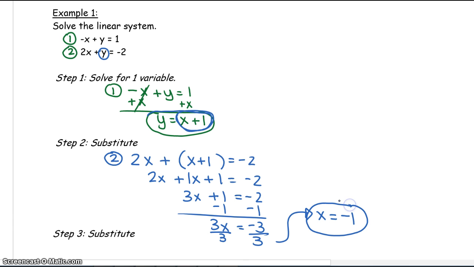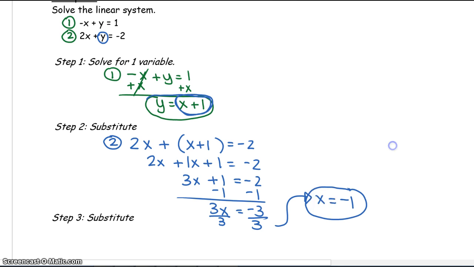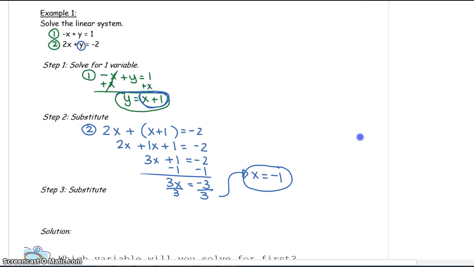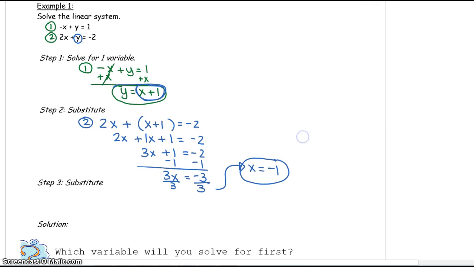Now, that's awesome because now we know what x equals, but what we want to know is what x and y equal. So we're going to go ahead and substitute this into the other one. So we're going to go back to the first equation. I'm going to change my color. And we know that y equals x plus 1. And we're going to put in y equals negative 1, because that's what x is equal to here, plus 1, which equals 0.